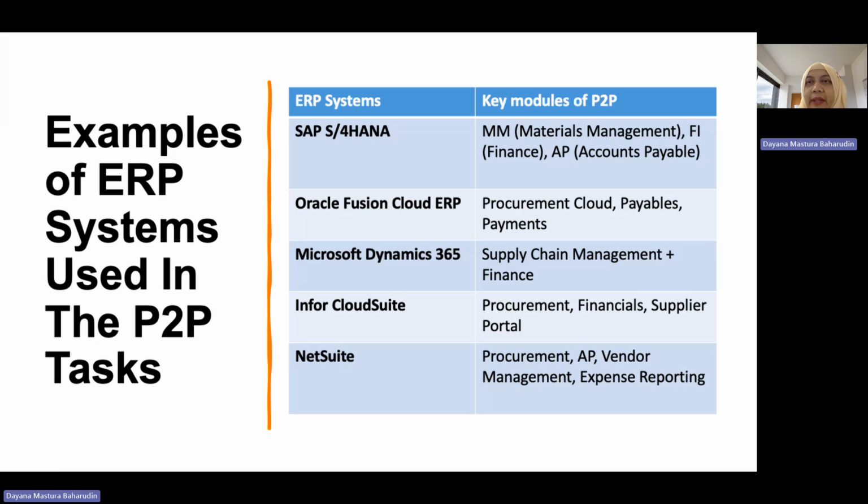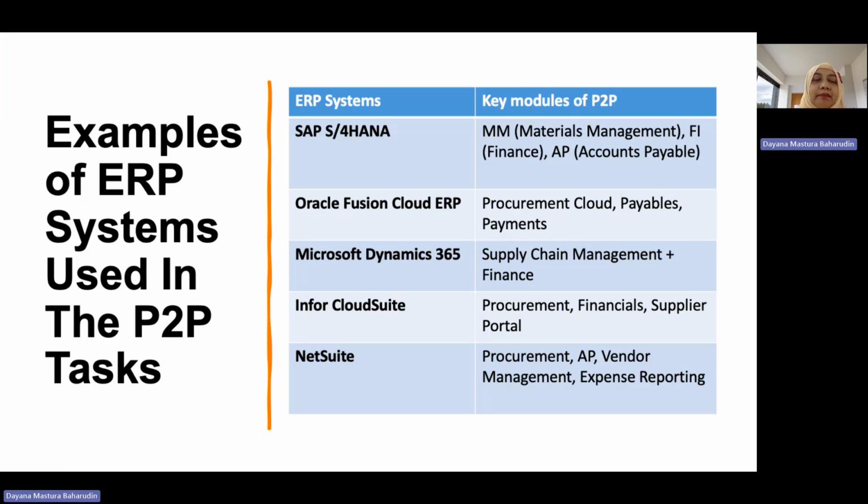Okay. We have materials management, finance, and accounts payable: MM, FI, and AP. And for Oracle, if your company is using Oracle, then you would have Procurement Cloud, Payables, and Payments. And you also have Microsoft Dynamics 365, Infor Cloud Suite, and NetSuite.